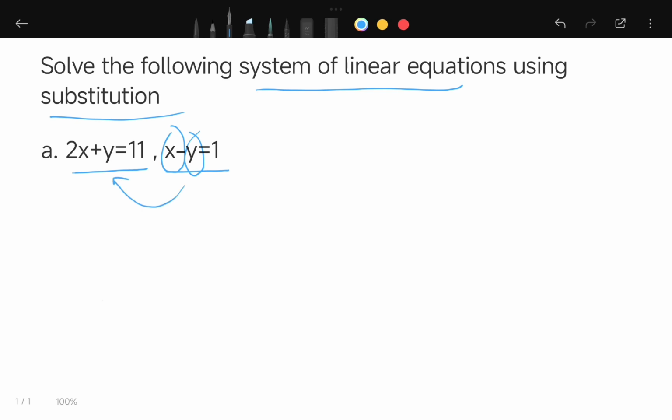Okay, now let us take the second equation. We can even take the first equation, but I'm randomly taking the second equation. x equals y plus 1.